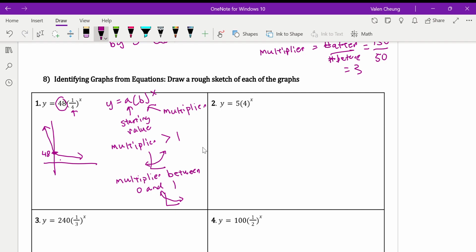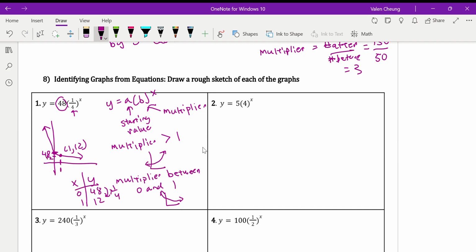And if you want to get really fancy, then you can make a tiny table. Figure 0 was 48, and then if you times 1/4, figure 1 is going to have to be 12. So then this point right here is going to be 1, 12. Okay, and that number is going to be 12 right there.